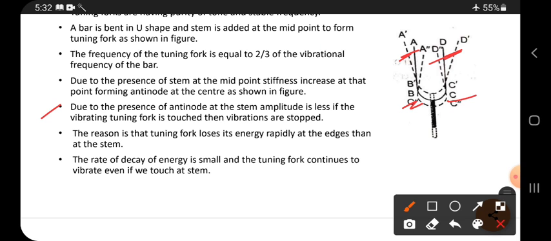Due to the presence of antinodes at the stem, the stem amplitude is less if the vibrating tuning fork is touched there when the vibration stops. If you touch here, its amplitude decreases, but this side's amplitude cannot decrease suddenly.